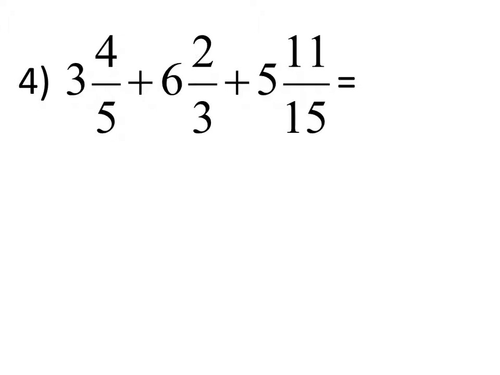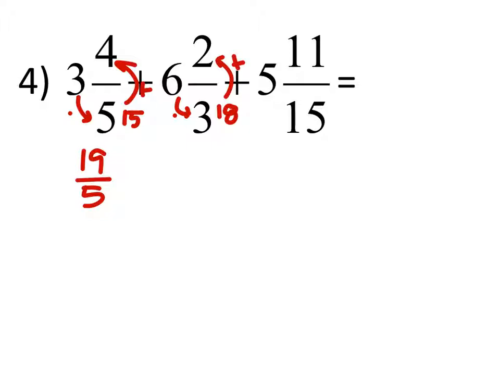So let's change these into improper fractions first. So I got 3 times the 5, which is 15. Now plus 4 is 19. And this is in fifths. Here I've got 6 times 3, which is 18, plus the 2, which is 20, still in thirds.